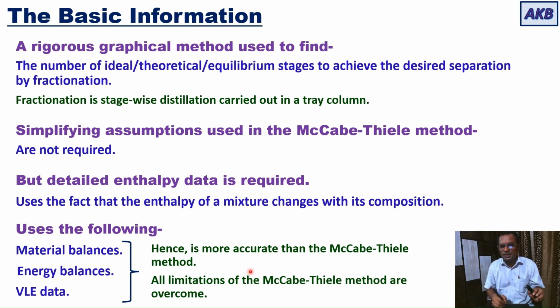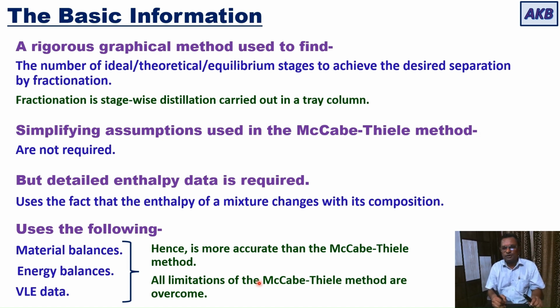All those limitations will not exist in the case of the Ponchon-Savarit method. It uses material balances, energy balances, and VLE data, and that's why it is more accurate, and all limitations of the McCabe-Thiele method are overcome.